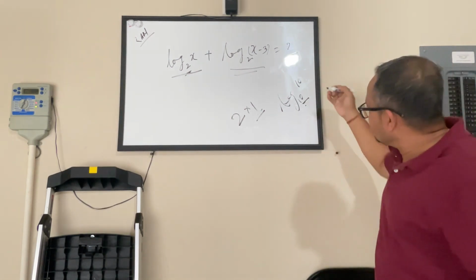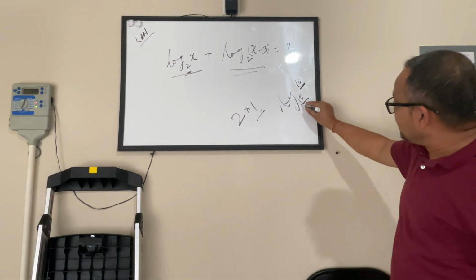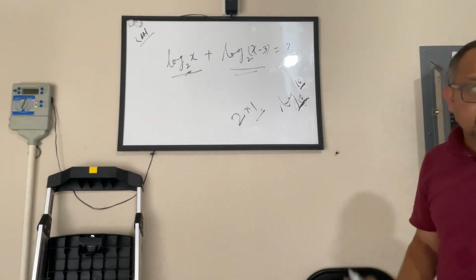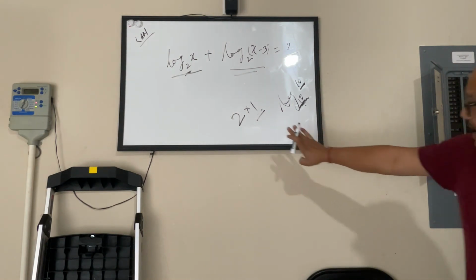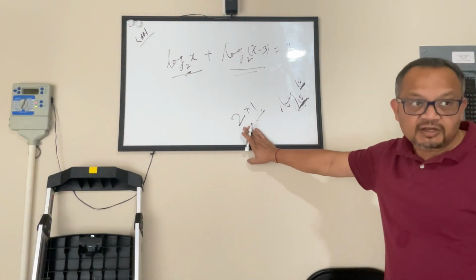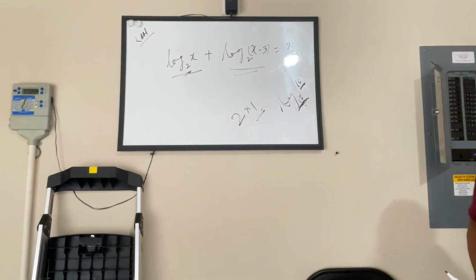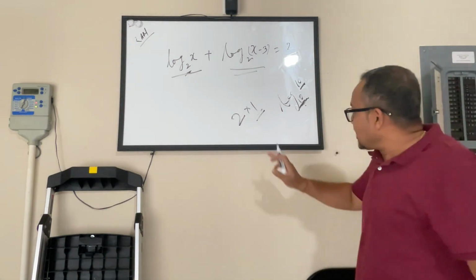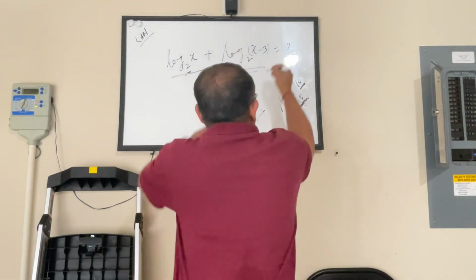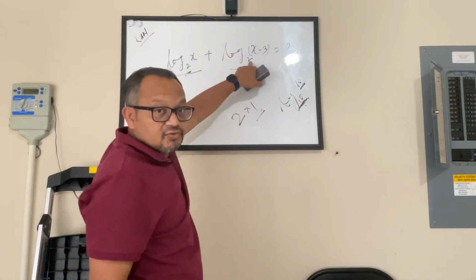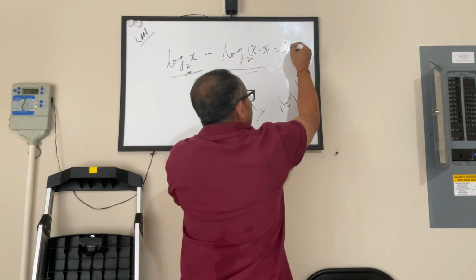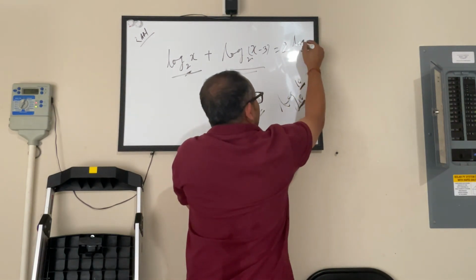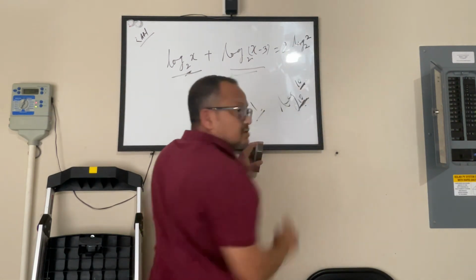So any number with the base of the same number in the log gives me a 1. I can always write 2 as 2 into 1. That's the easiest thing I can think of. So that means since everything is log of base 2, I will try to find out this guy also as log of base 2.